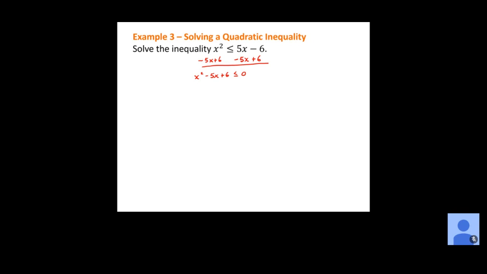All right, now once we've moved everything to one side, what are we going to do next? Factor. Good. So I'm going to try to factor this. All right, so what are my factors going to look like this time?